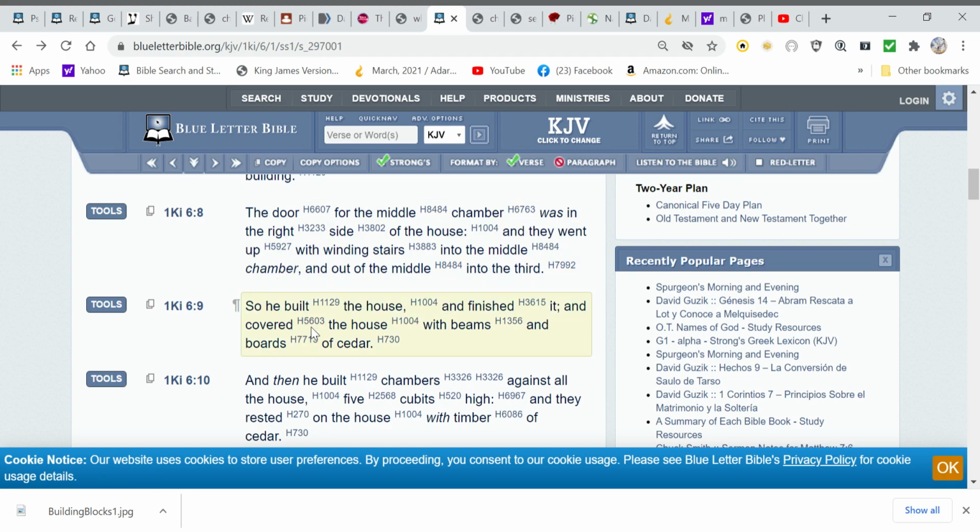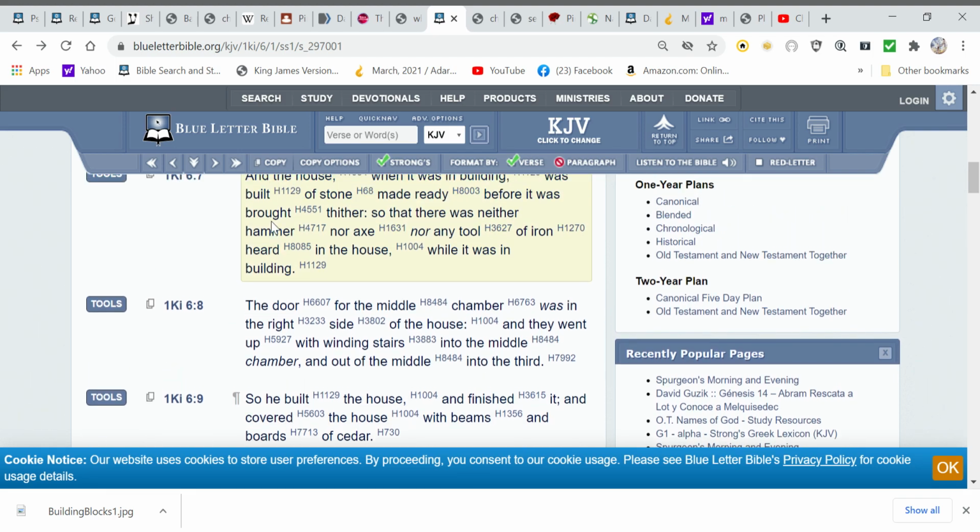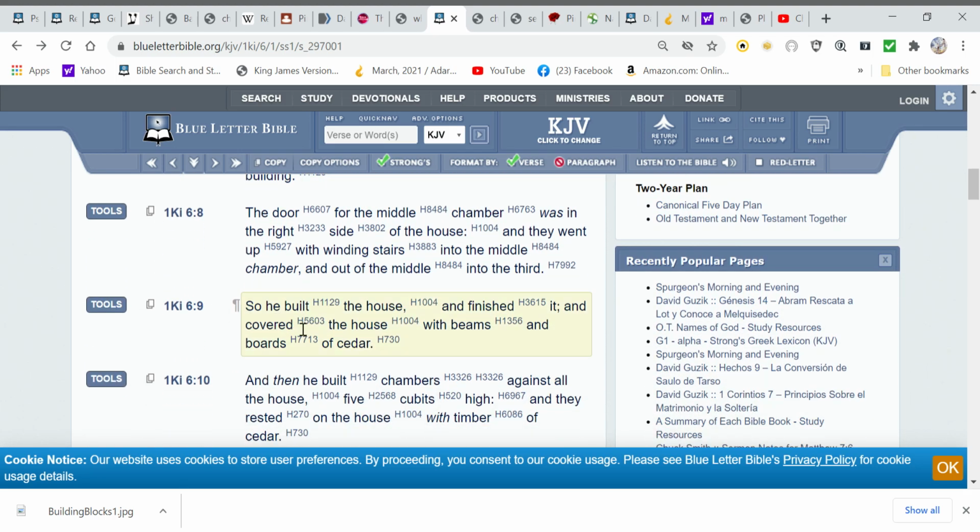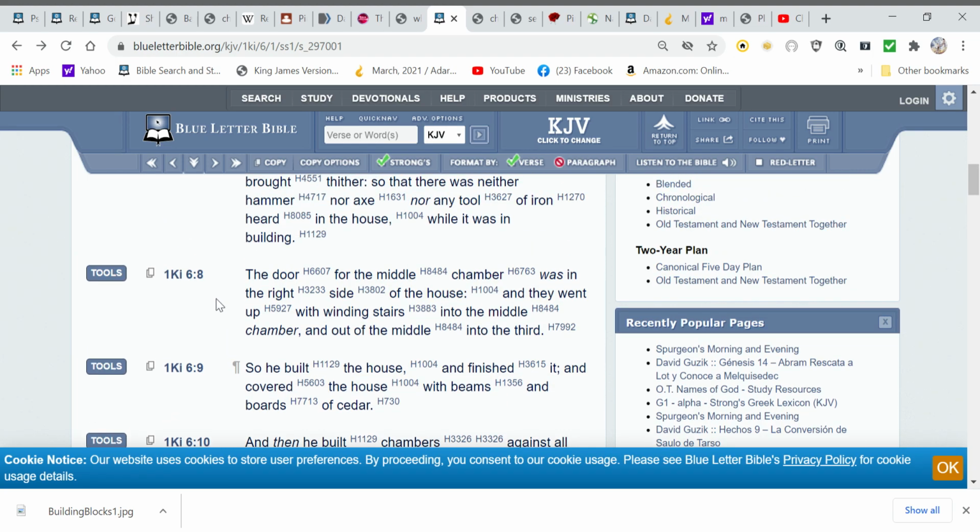But the verse after says, so he built the house and finished it, and covered the house with beams and boards of cedar. So you can see how verse 7 and verse 9 kind of connect with the same thought going on, okay? But when we look at the verse in between, now remember, this is going back to understanding when we see something that looks like it don't quite fit in this particular spot in the word, most often we need to dig, because that's where the Lord has placed a nugget.